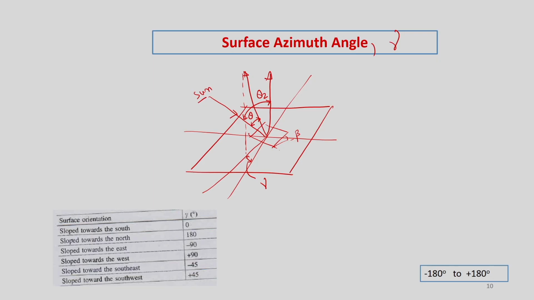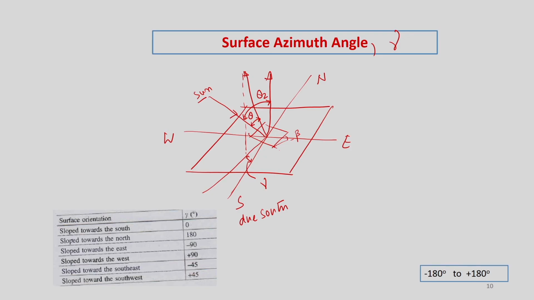It is the angle in the horizontal plane between the line due south, because this is N, this is S, this is east and this is west, and the horizontal projection of the normal of the inclined surface.